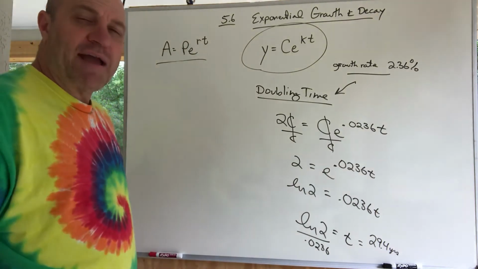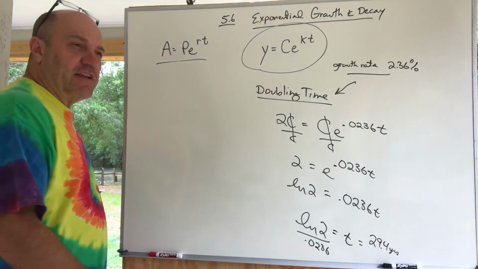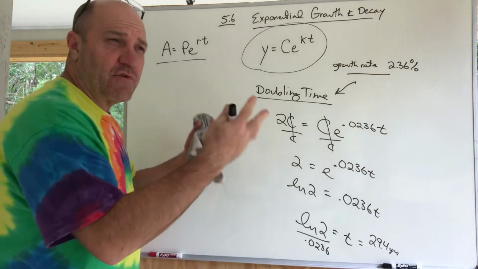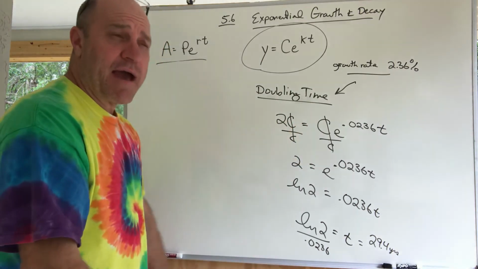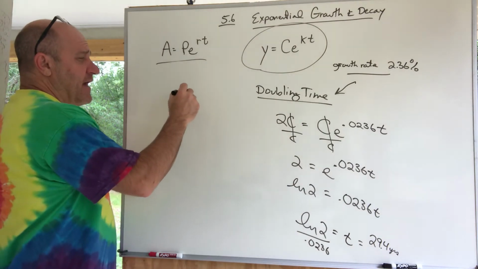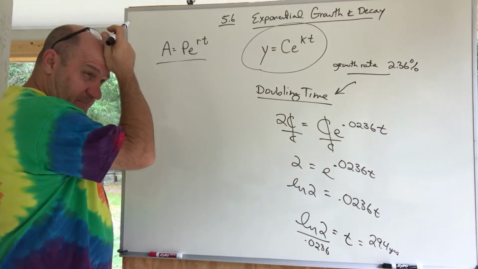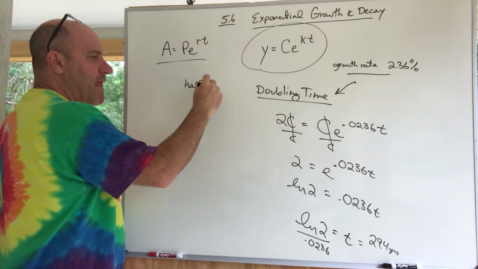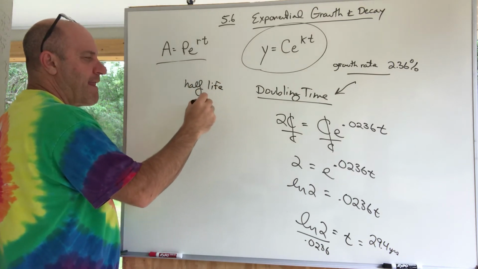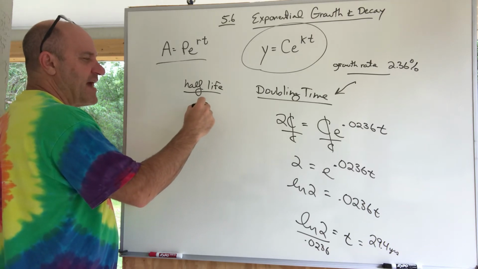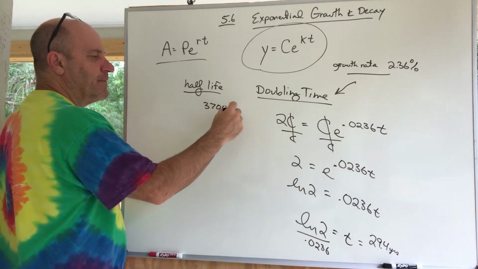You know, with radioactive substances, they talk about the half-life. And the half-life is how long it takes for it to decay into half the amount it was. So let's say the half-life was 3,700 years.